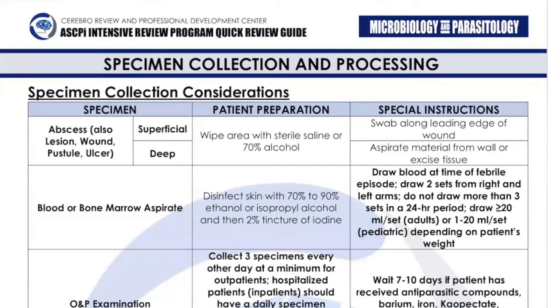If it is a superficial lesion or wound, all you have to do is swab along the leading edge of the wound, while you are going to aspirate the material from the wall or excise the tissue if it is a deep wound or a deep abscess.